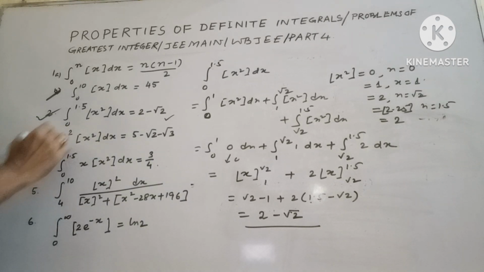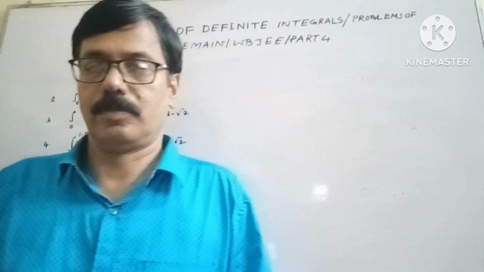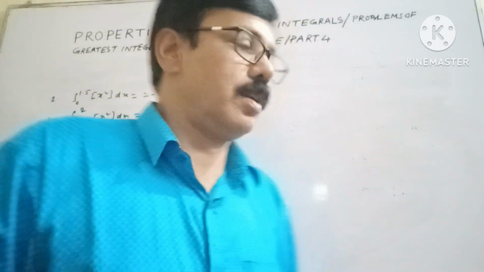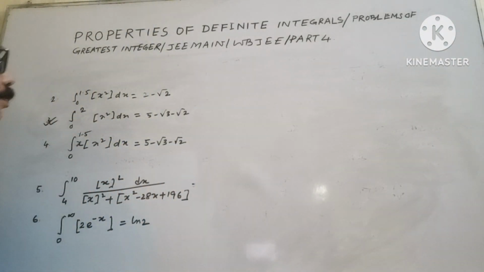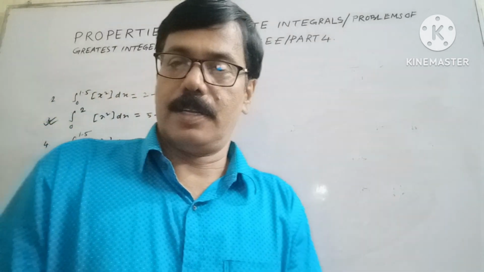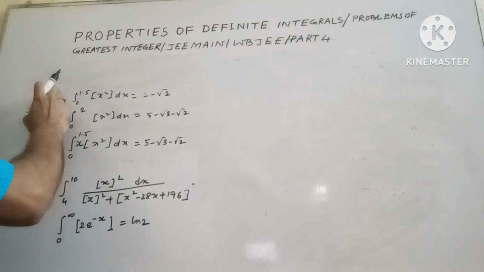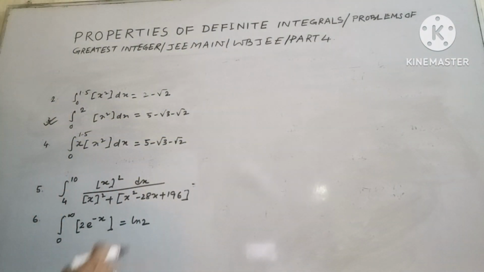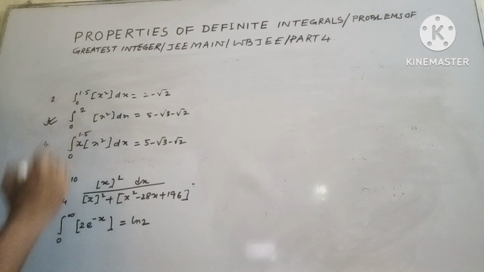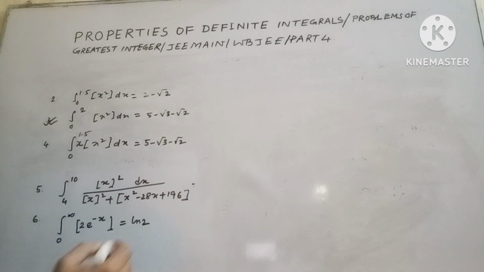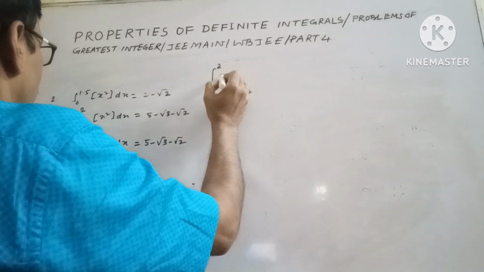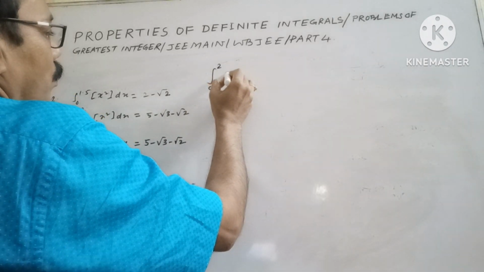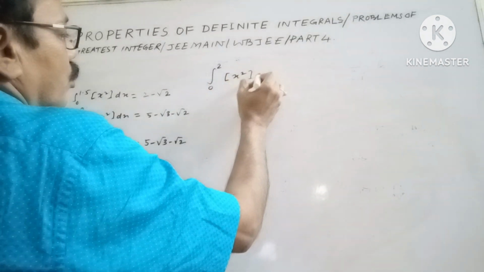Now problem number 3. Exactly the same problem. This is exactly the same as problem 2, only the limit is 0 to 2, third bracket x square dx.